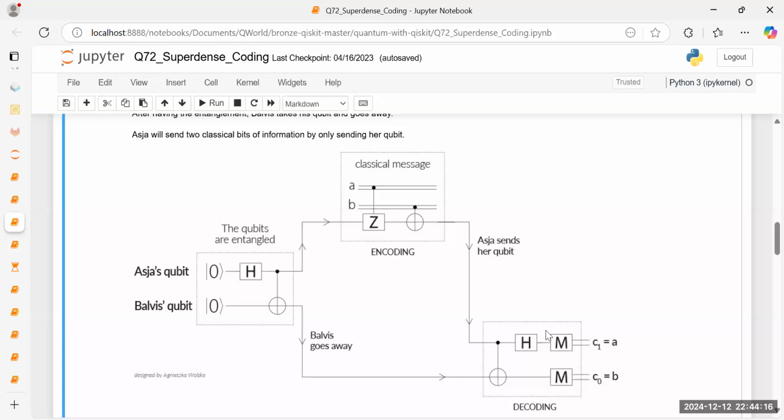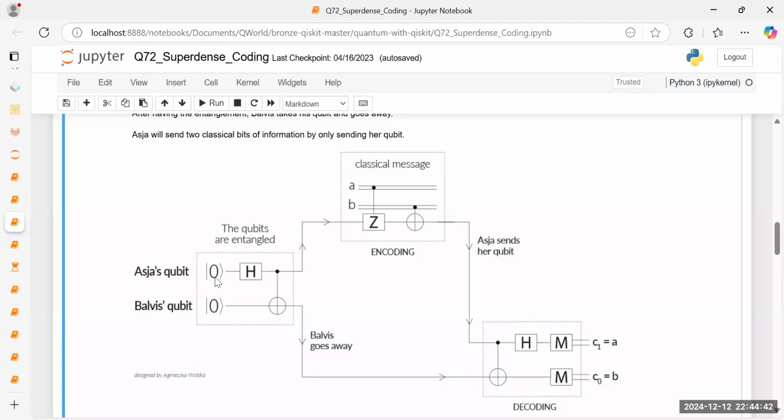So my question is, if at this point it was Balvis that wanted to encode some information, can he apply the same set of gates to encode some information and then send his qubit to Asha to decode the information?